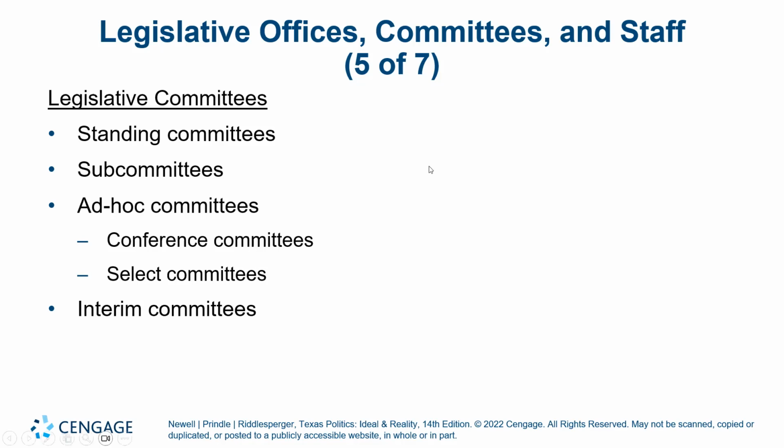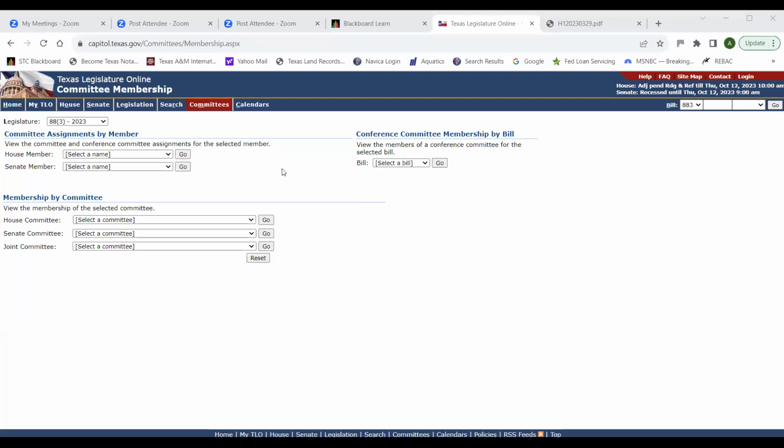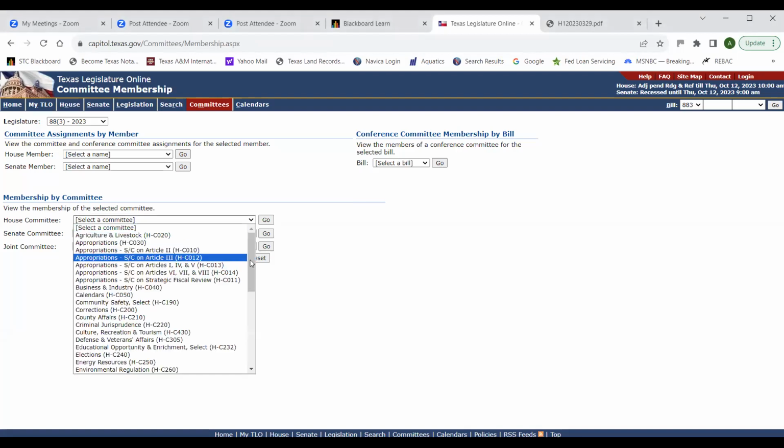So now let me show you all, let me go back to the page over here. Now I'm going to reference this. Okay, so we were talking about the Texas legislative website, right? When we're looking at the committees, take a look at the listings of some of these committees, okay? We've got agricultural, livestock, appropriations. This basically deals with money.